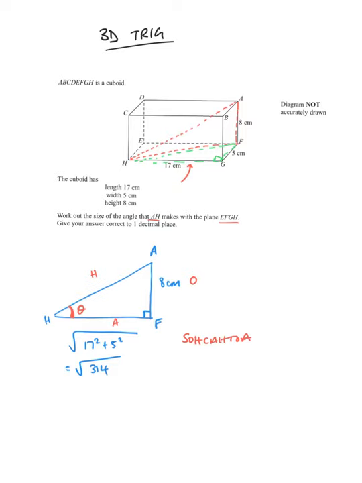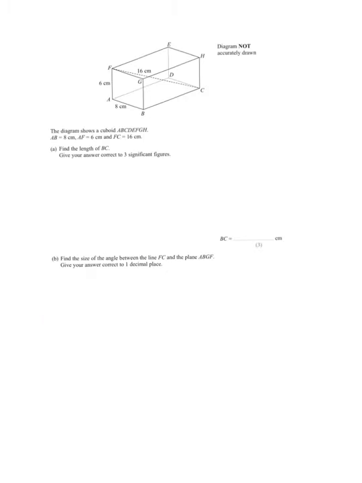I know the adjacent and the opposite, I don't care about the hypotenuse, so it's going to be a tan question. So tan theta is 8 over root 314, so theta is the inverse tan of 8 over root 314, which is 24.3 degrees.